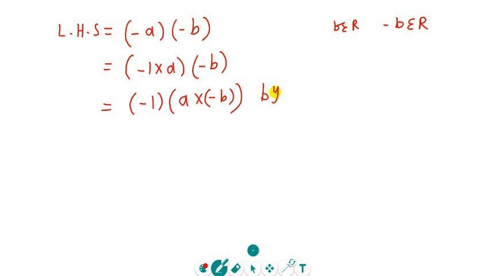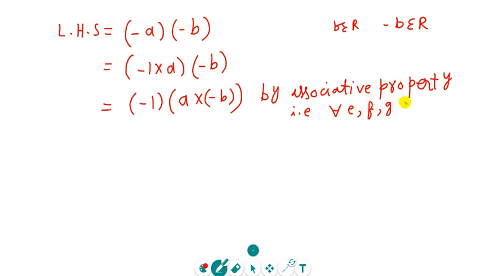By associative property we can write this: for all e, f, g belongs to the set of real numbers, e f whole into g is equal to e into f g whole.